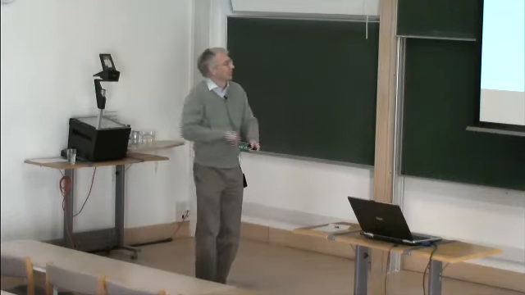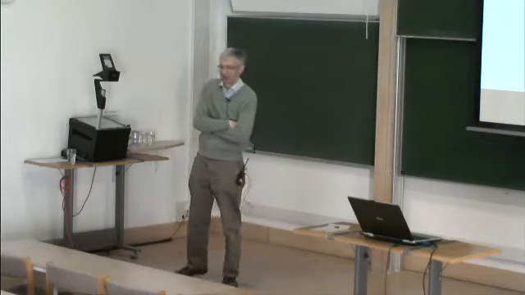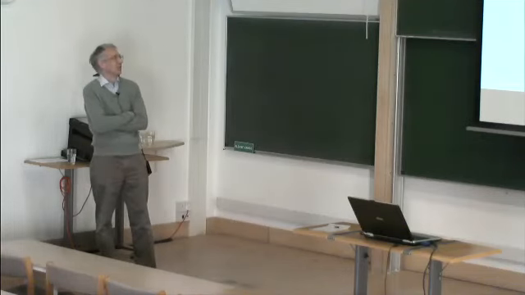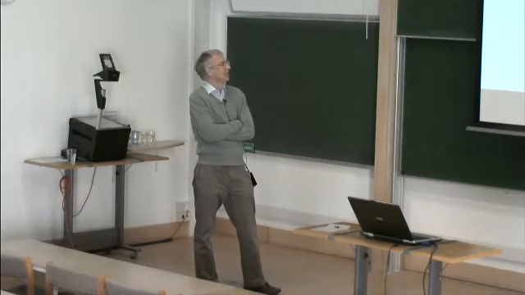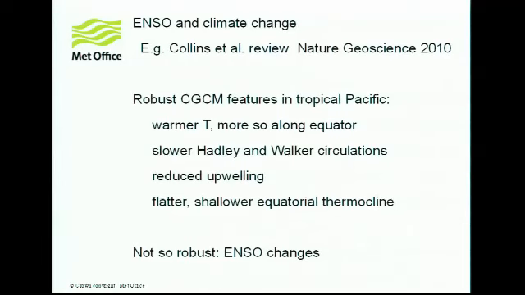Okay, just wanted to mention something about ENSO and climate change in this sort of context. There's a recent review by Matt Collins and his colleagues that summarises some of the robust changes that have been predicted under greenhouse gas warming, and also, of course, they looked at their particular vision of what's going to happen to ENSO under these changes. Roughly speaking, the world warms up.